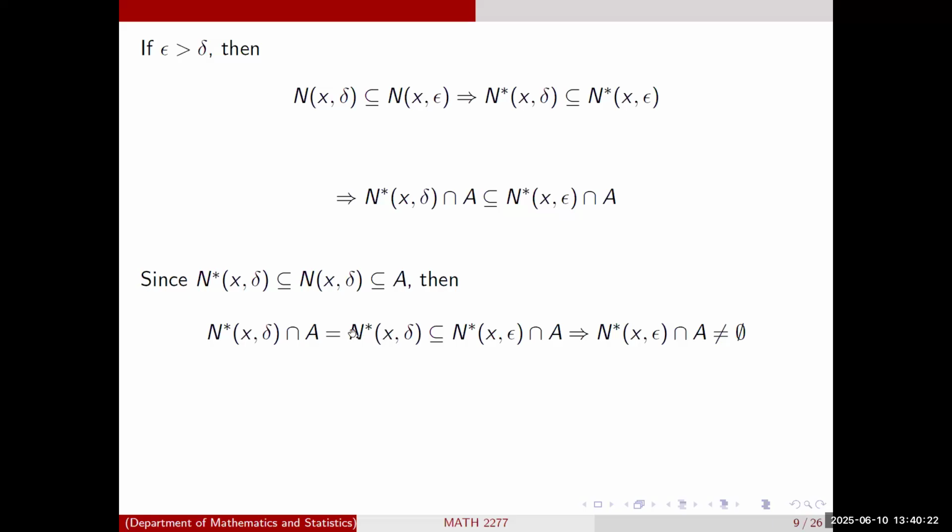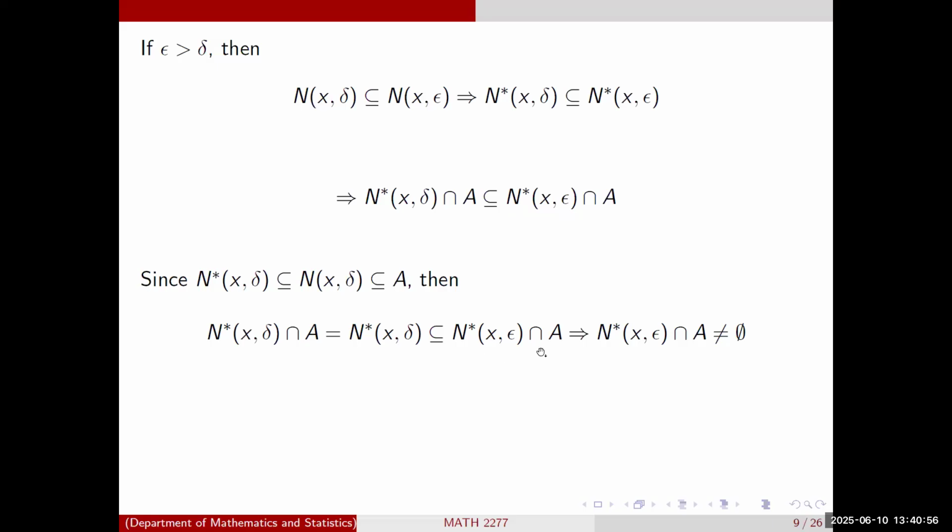Again, if X is a subset of Y, what is X intersection Y? It's equal to X. That's the same result they're using here. And so this left-hand side simplifies to just the deleted neighborhood of radius delta, which is a subset of the deleted neighborhood of radius epsilon intersection A.